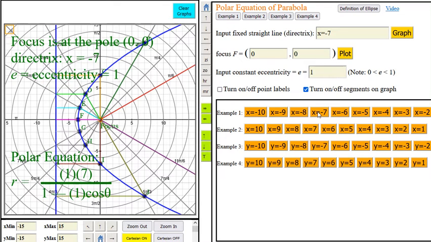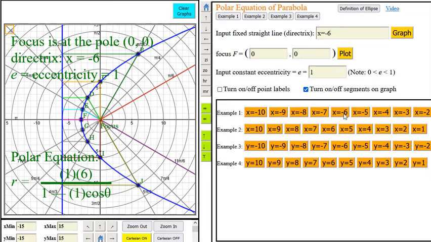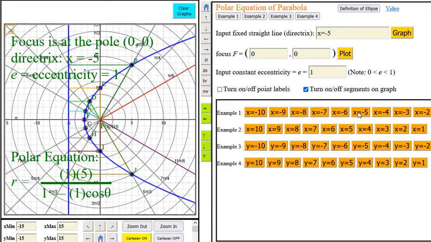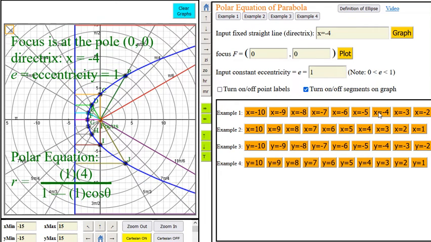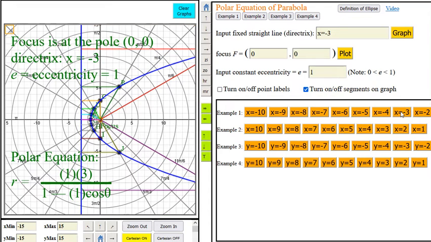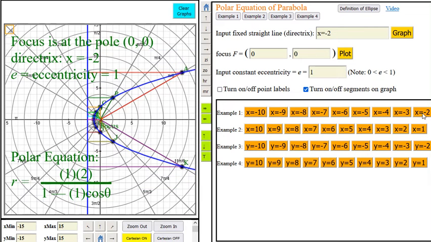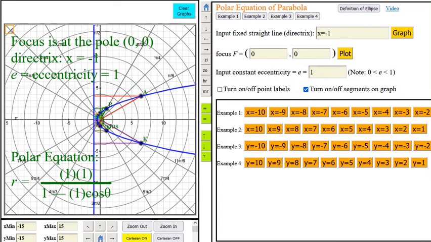And here's 8. Here's directrix of -6, directrix of -5, directrix of -4, directrix of -3, directrix of -2, and directrix of -1.